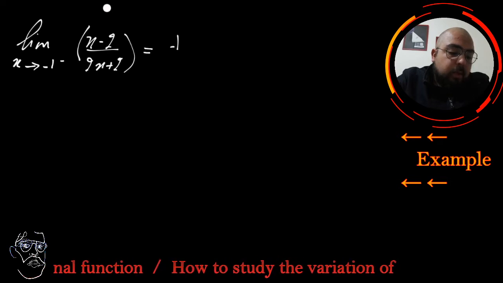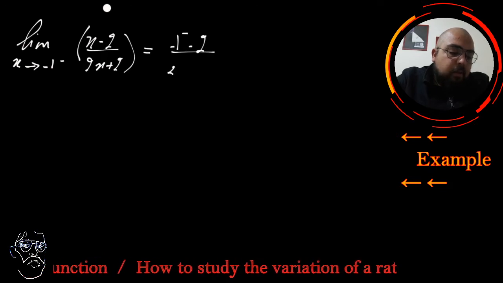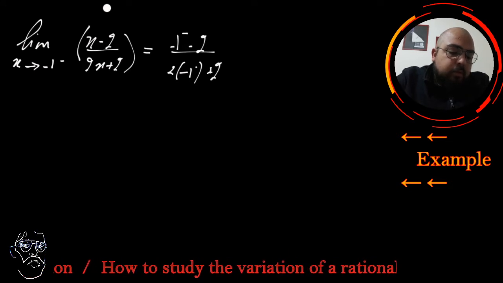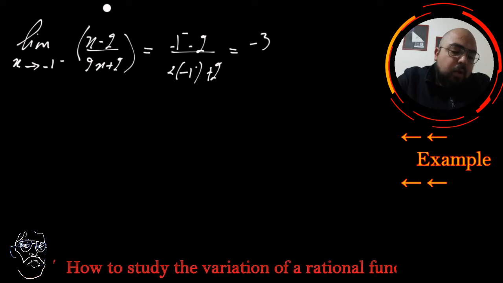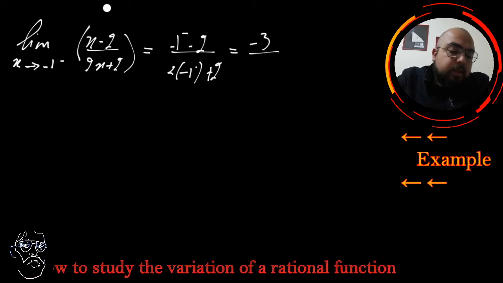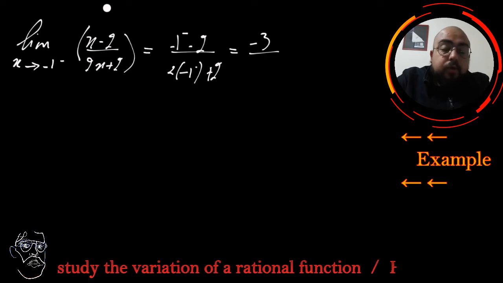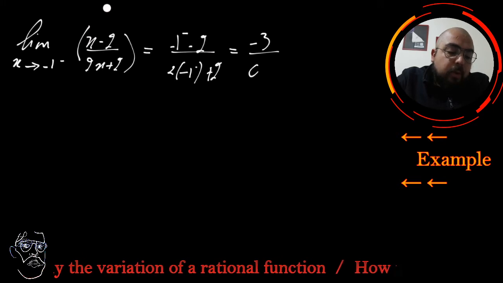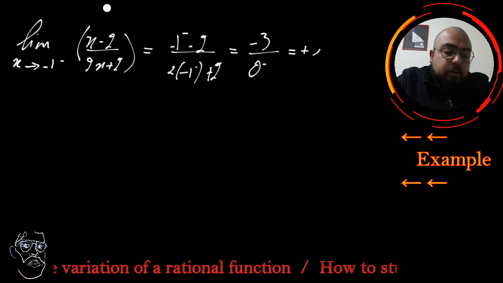It will be minus 1 minus 2 over 2 times minus 1 plus 2. So in this case we will have almost minus 3 over, 2 times minus 1 minus is actually a value which is very close to minus 2.001, let's say, plus 2, so it will be 0 minus. Minus 3 over 0 minus, it's automatically plus infinity.